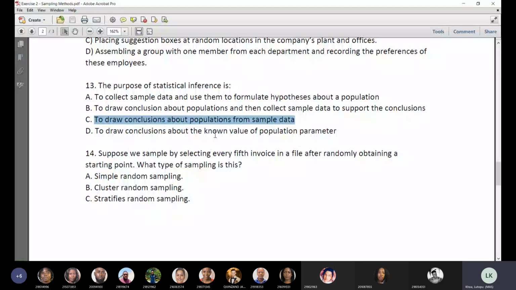No. Okay, so if you know the population parameter, there isn't much that you need to do. Because what you do is you have a sample, and then from there you want to extend that to the population. So the correct answer is C.